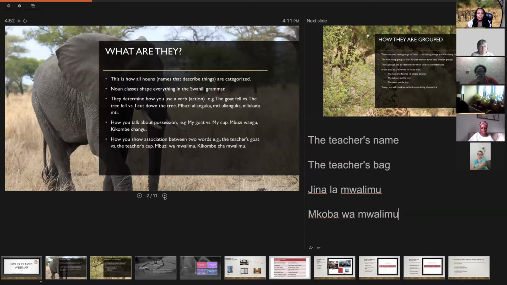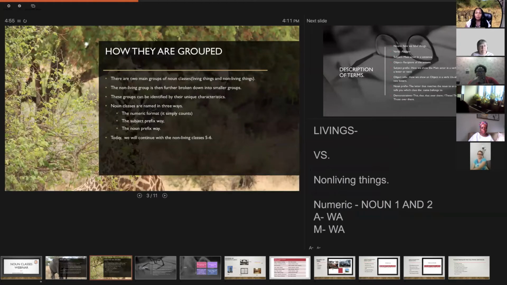Sawa sawa. All right. So like we've talked about in the past, Swahili noun classes are pretty much 2 groups. The first group is living things. Living things are things that can move from point A to point B. I know I've said this before, but just because a tree scientifically is living, in Swahili it's not a living thing because it can't move from point A to point B. How about body parts?